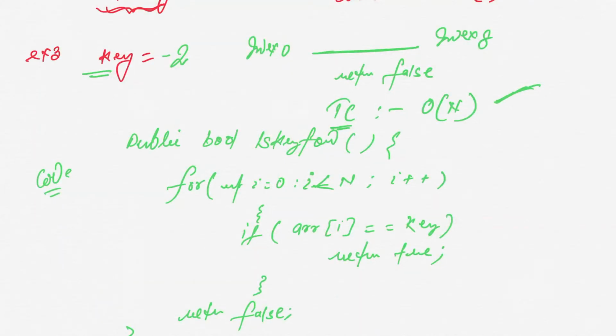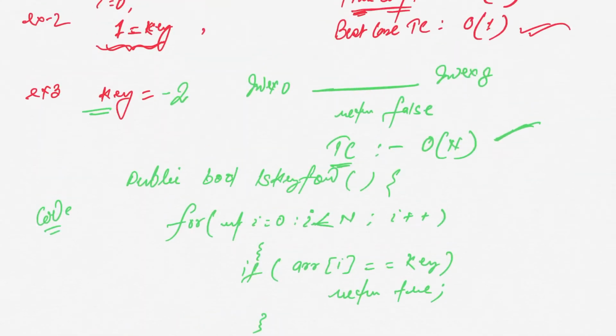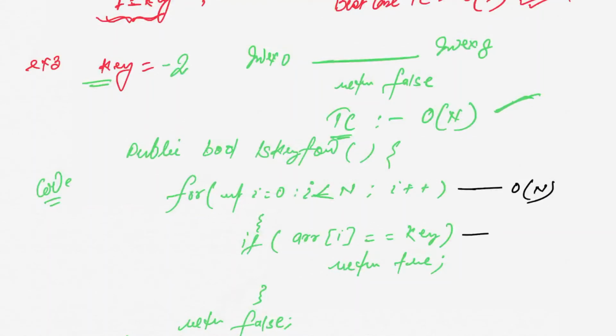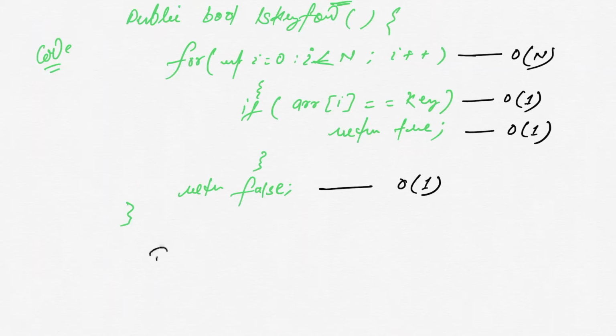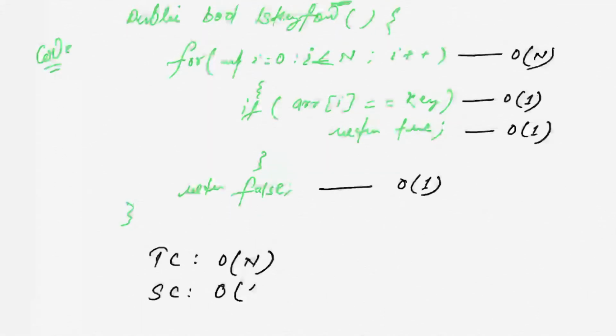Again, look at the time complexity here. As we are looping here, it's going to be O of n. The best case could be O of 1, and the space complexity, as we have already discussed, is O of 1.